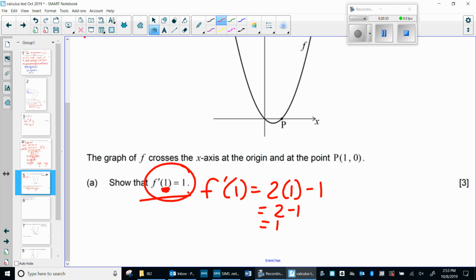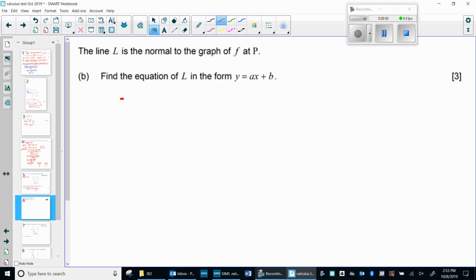Yes? So we're all happy that that's what that represents. So that means that if we want to know the gradient of the normal at this same point, when x is 1, what's it going to be? Negative. Yes? So that means that the gradient of the normal is negative 1.